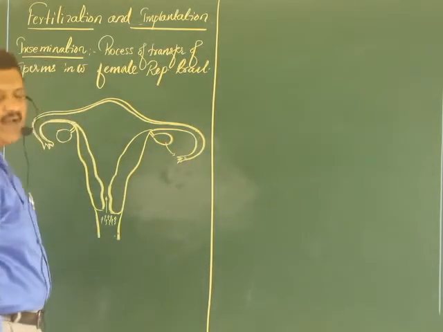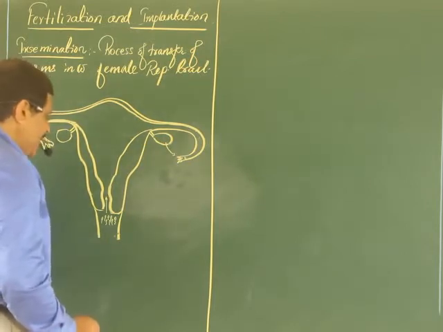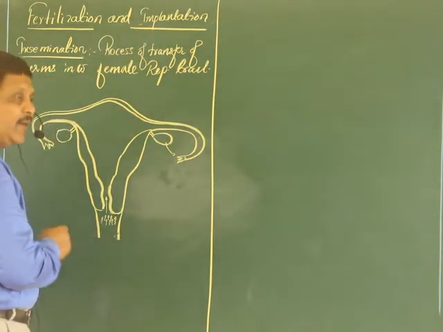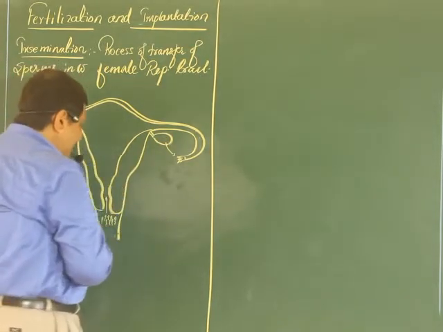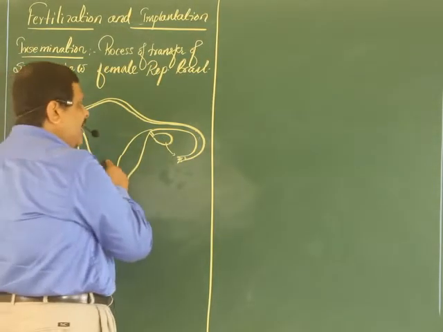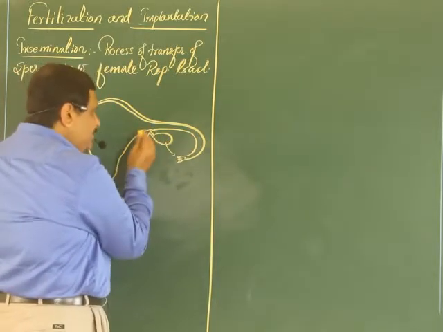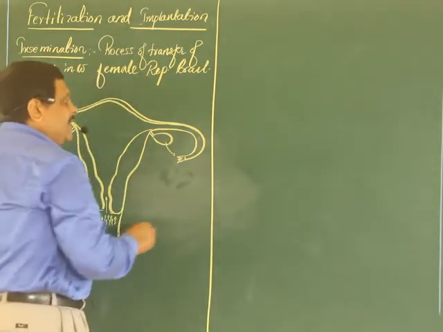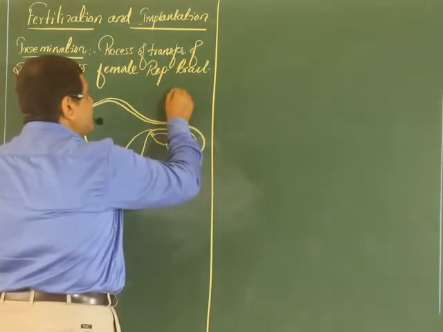So it's a long journey for sperms, and during that time the motility of the sperm plays a very important role. The sperms move upward through the cervical canal and then the uterine portion, and they are attracted towards that part of the ovary where the egg is released. That attraction is mainly because of a chemical released by the outer surface of the egg.